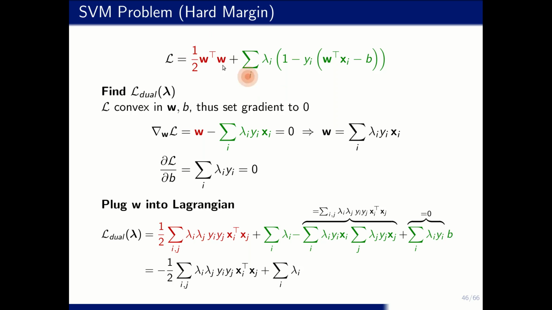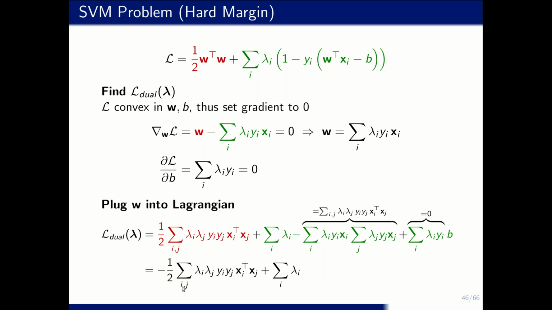If we plug in W here in the Lagrangian and multiply out, then we get this. So this red term here just becomes this red term here, and this green term here just becomes this slightly bigger term here. And if we reformulate, this becomes this sum, which is essentially the same sum here. It goes in with minus, so we are left with minus a half, this double sum over i and j.